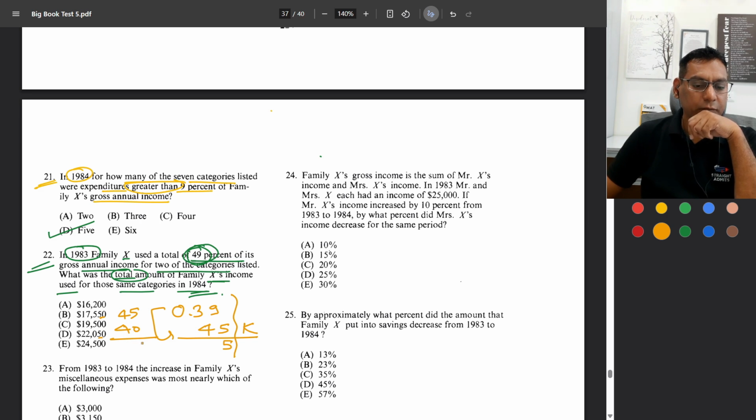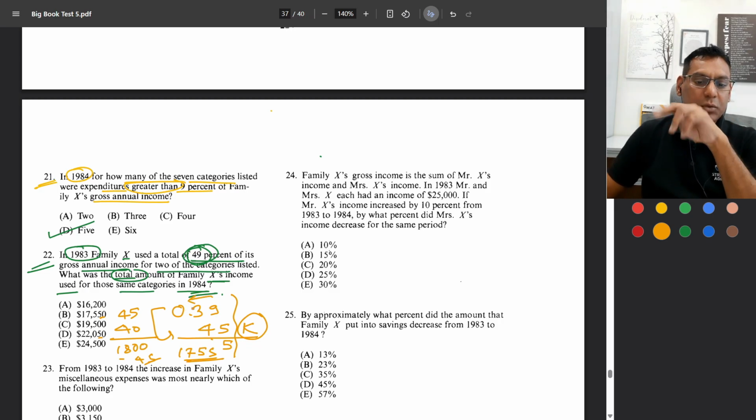So 45 into 40 would be 1800, and then I'll subtract 45 from here so that I get 39 into 40. So 1755. Then this is 1000, that is 3 zeros, and this is 2 less zeros, which means one more zero essentially. So 17,550.